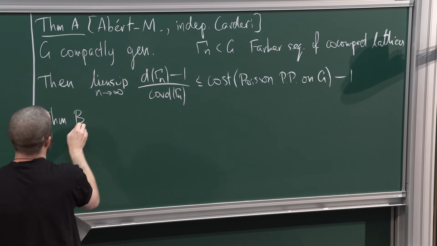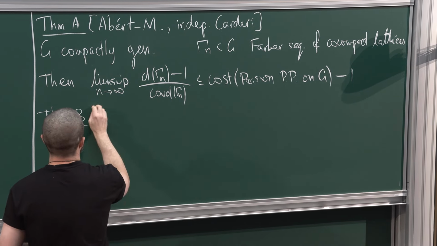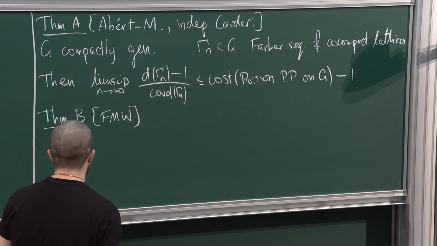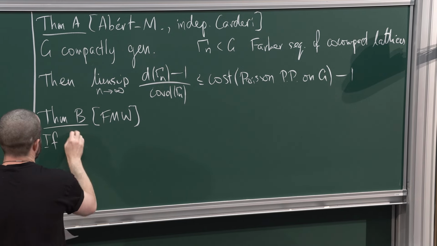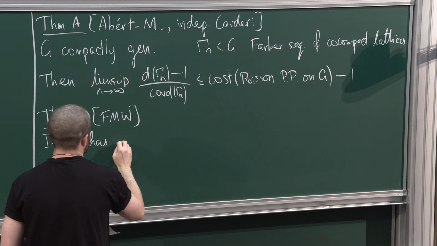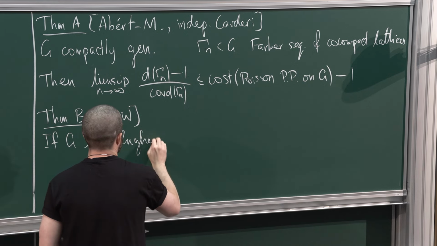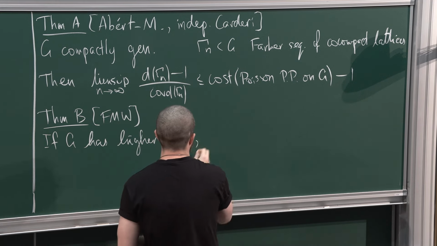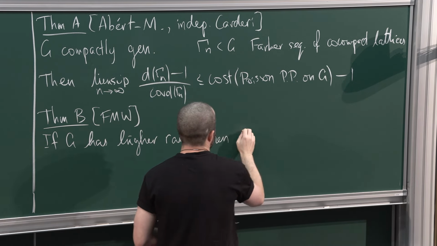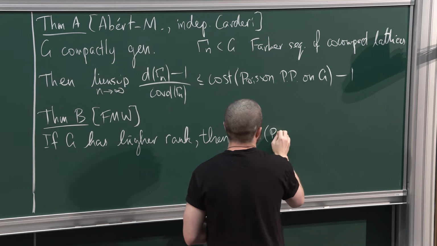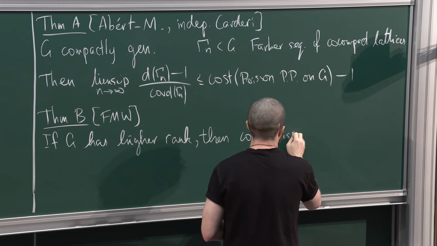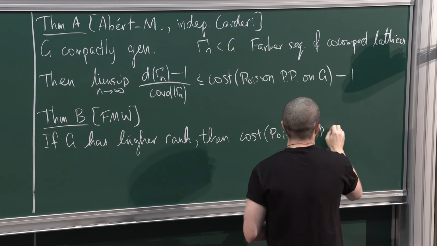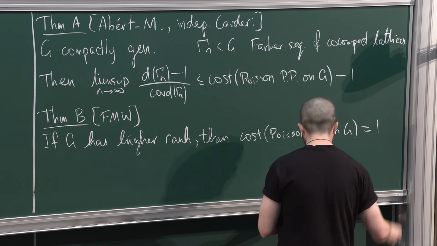So this is theorem B, and this is what we actually prove in the paper with Mikolaj, is that if G has higher rank, then the cost of the Poisson point process on G is equal to 1.